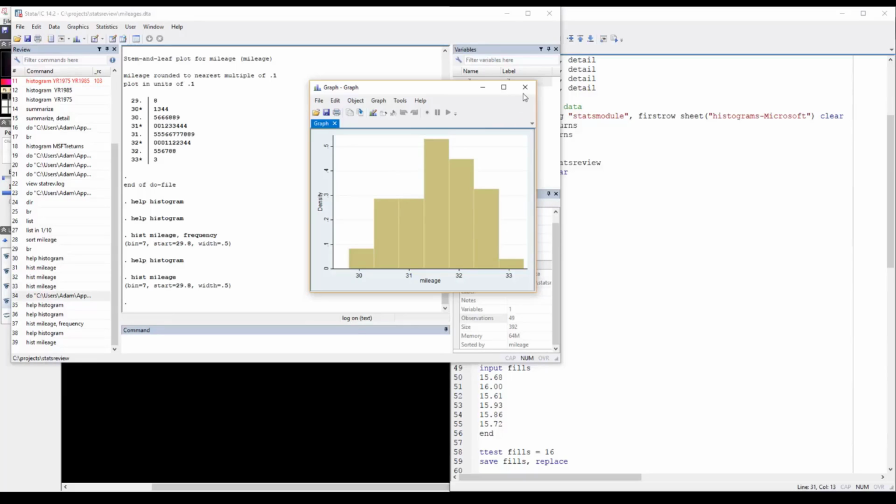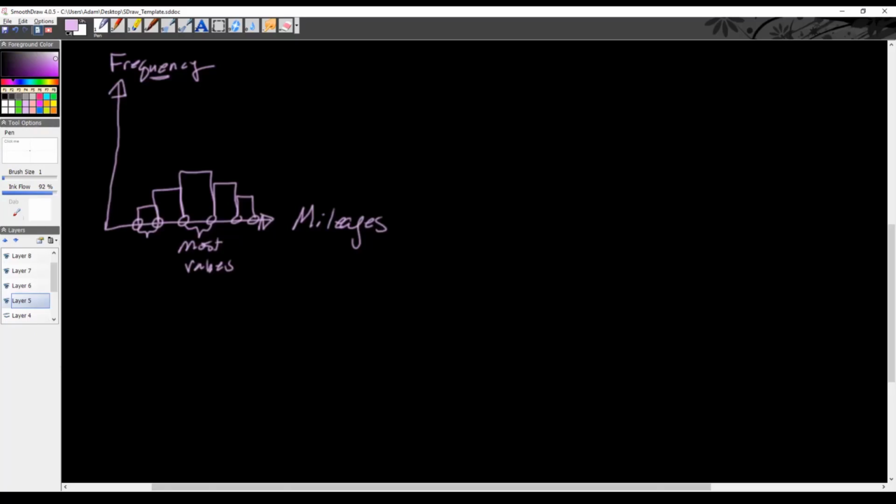Here, actually, we'll do this in smooth draw, but the number of bins chosen should be the smallest integer k, such that 2 raised to the exponent of k is greater than n. So I'm going to say this again, and we'll just scratch out the example that we're working with by hand so that we can really interpret what a frequency distribution is.